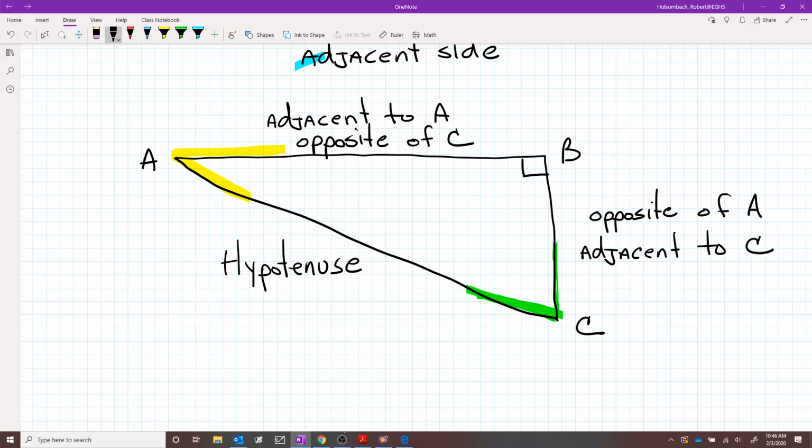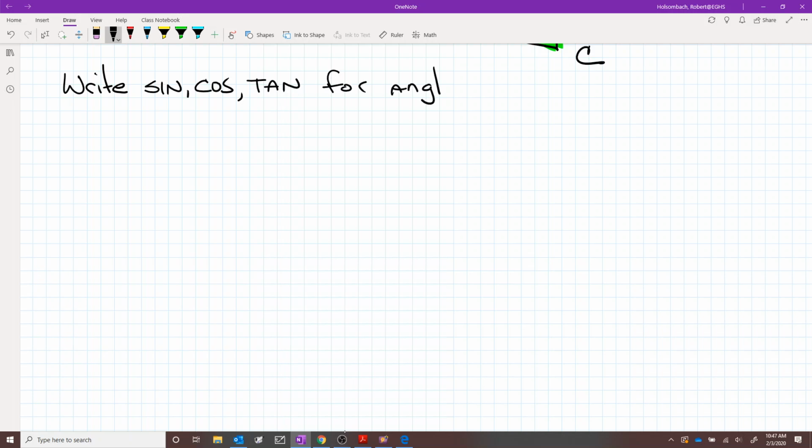Okay, so now what we're going to do is take a right triangle with some side lengths and write sine, cosine, tangent for angles. Let's change the letters.